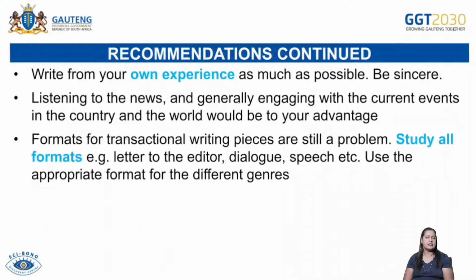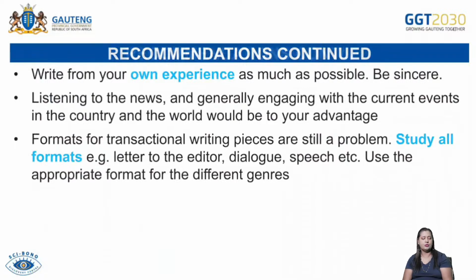The formats for the transactional pieces are still a problem that we're finding throughout when we're assessing this. So please go back and study all the formats. Make sure you know that when you're writing to an editor, this is how the address looks. If you're complaining to a company or a person of the company, like the HR manager, this is how the address should look. All right. My content, again, is it relevant? Am I ensuring that I have put in the salutations, the signature where it's needed?